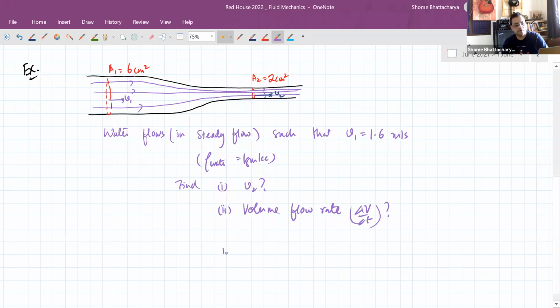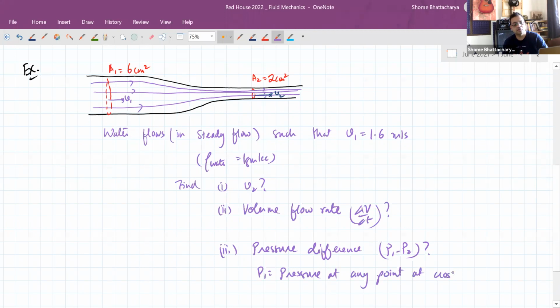And third, we have to find the pressure difference P1 minus P2, where P1 is pressure at any point at the cross section A1, and similarly P2 is the pressure at any point at the cross section of area A2. Just work this out numerically quickly.